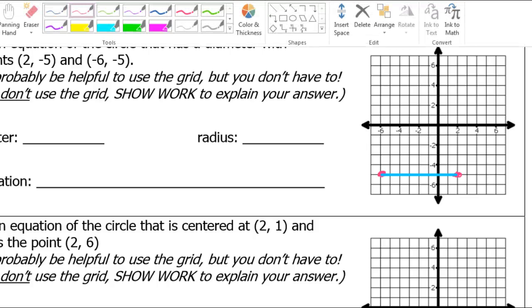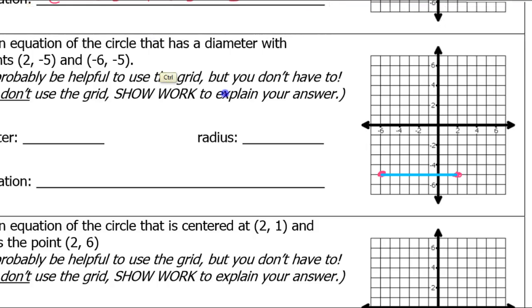So that means the center of the circle should be right in the middle of this. So what do I have here? Is it here? Let's see, that would make it 4 to the right and 4 to the left. So this is the center right here.